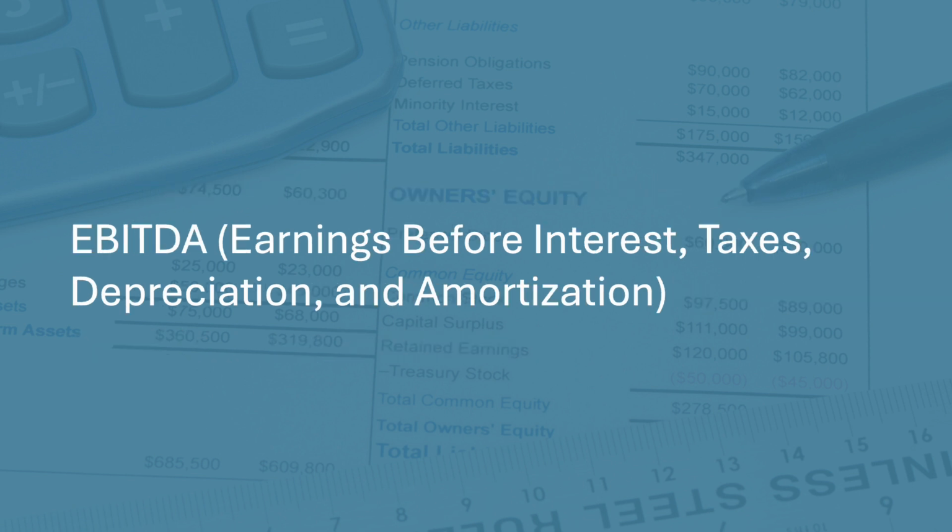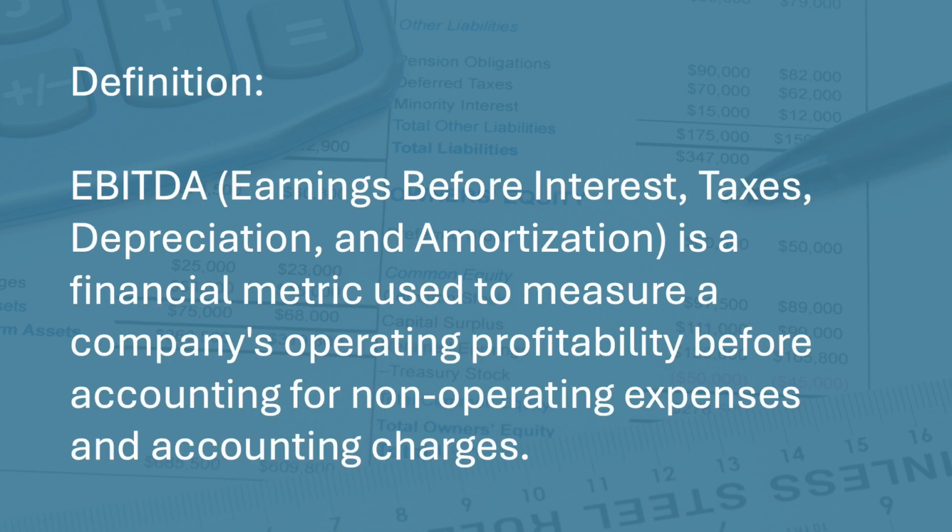EBITDA. Earnings before interest, taxes, depreciation, and amortization. Definition. EBITDA is a financial metric used to measure a company's operating profitability before accounting for non-operating expenses and accounting charges.